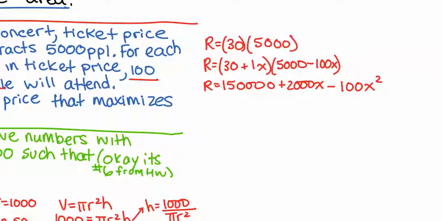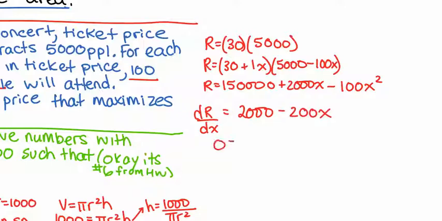And then if I want to get the derivative of that, the derivative of R with respect to x: the derivative of 150,000 is nothing. The derivative of 2,000x is 2,000. And the derivative of the last term would be minus 200x.